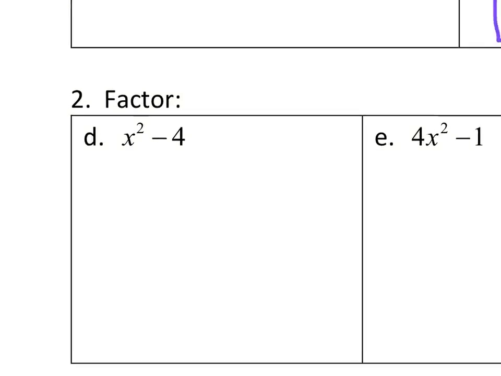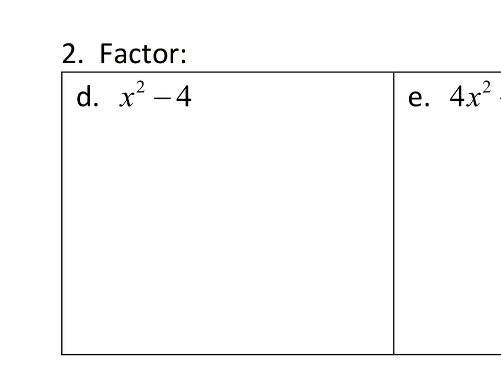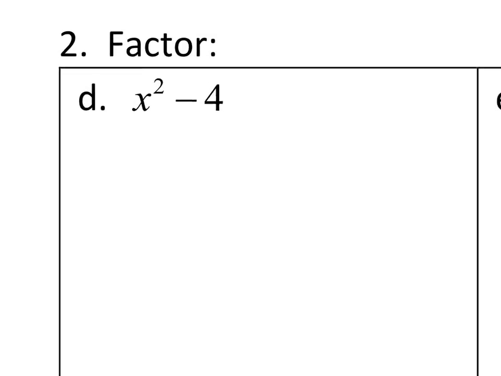Now, when you factor, you're basically doing the opposite of the multiplying. You're looking for two polynomials, or a monomial and a polynomial, that would multiply to give you this expression as the answer.